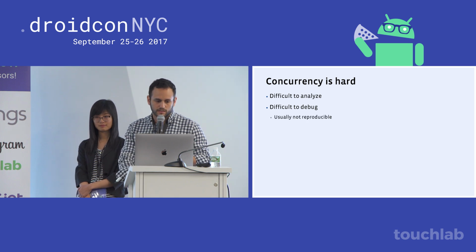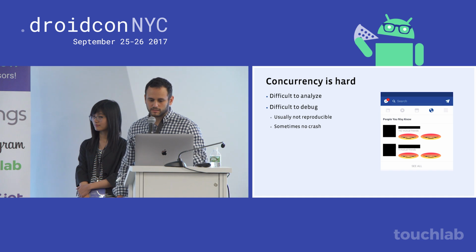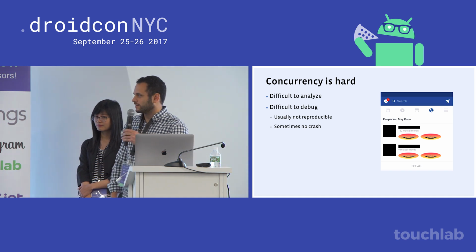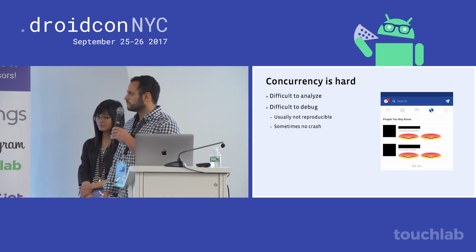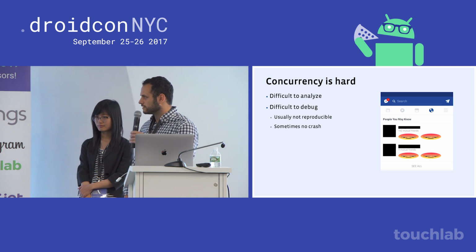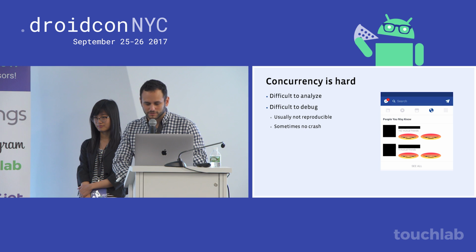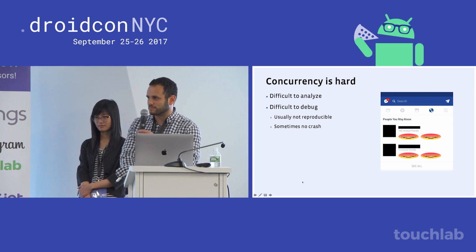And then sometimes there's no stack trace at all. Race conditions can cause undefined behavior and not crash the app. So that's what we have here, where the background resource for a button got replaced with angry faces. This was just in a pre-release employee-only version of the app, but it's definitely something that you don't want to happen.